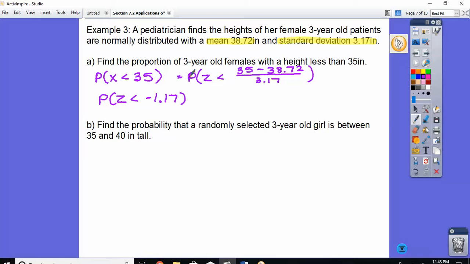So if you read from your table, 0.0384, you're at 0.1210. I had negative 1.77. Oh.